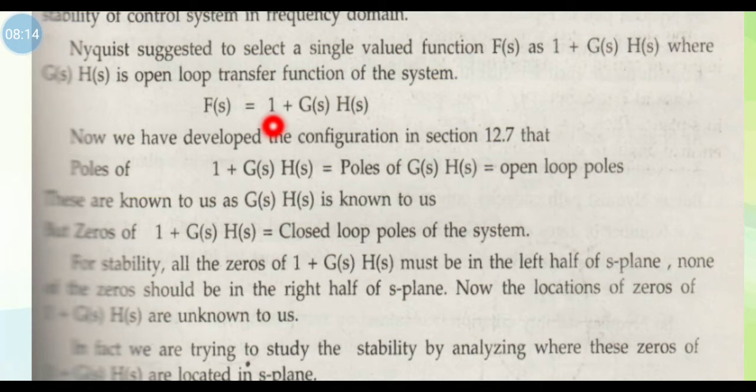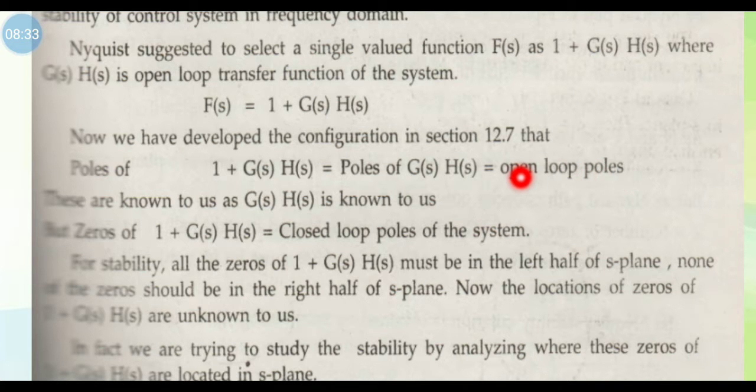So f of s is equal to 1 plus g of s h of s. Then the poles of 1 plus g of s h of s are nothing but the poles of g of s h of s, which are called open loop poles.